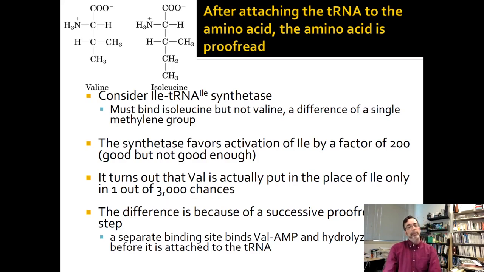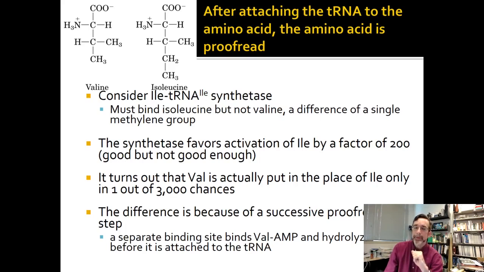If you look at that, there must be a 1 in 15 kind of proofreading step that gives us the observed 1 out of 3,000 mistakes, when the enzyme itself only does 1 out of 200. So the difference is because there's a proofreading step, which is a different binding site.